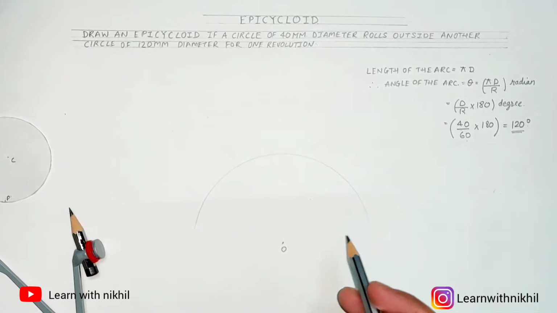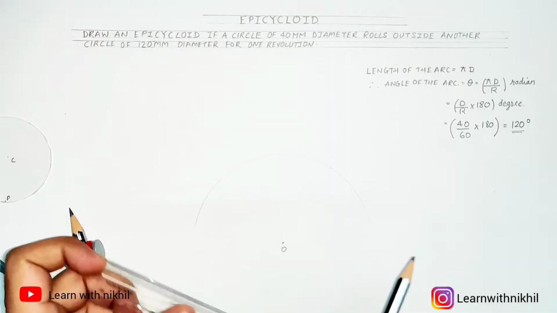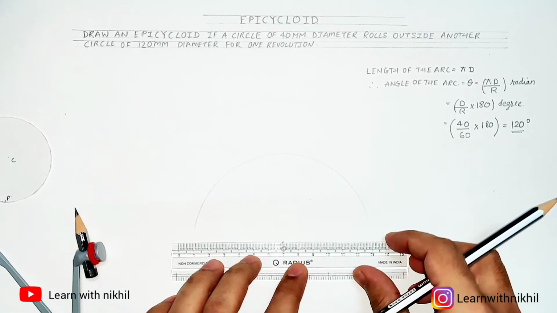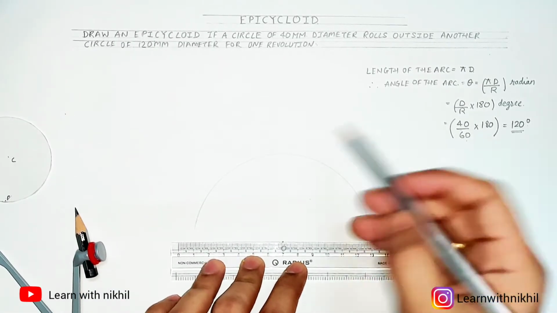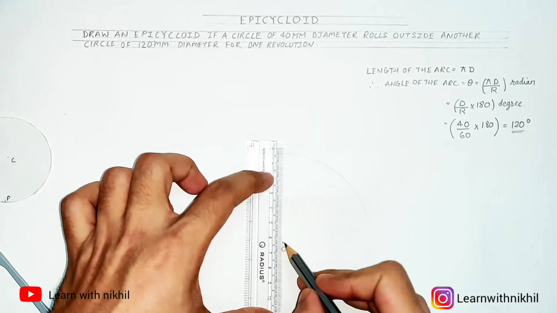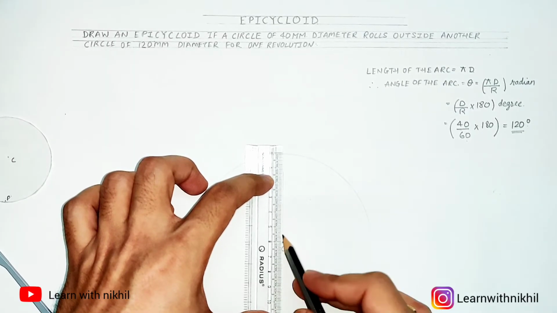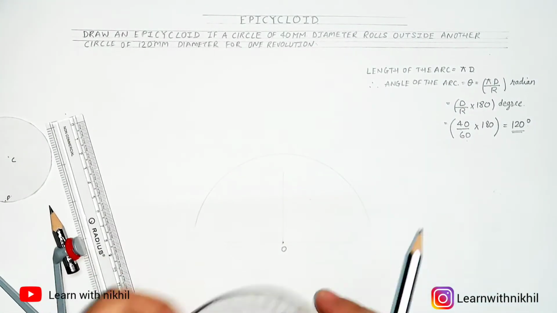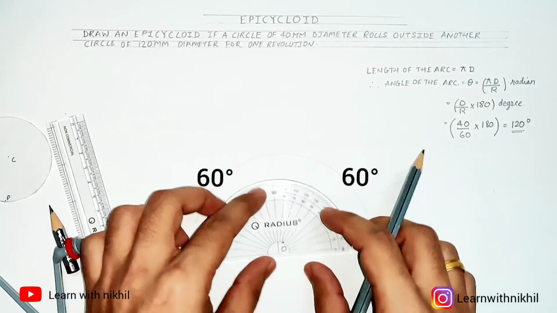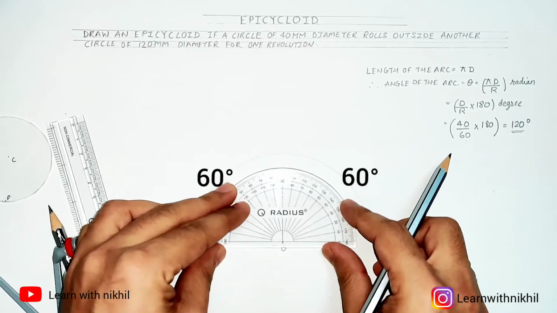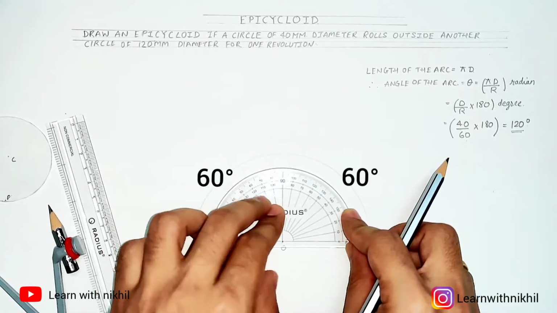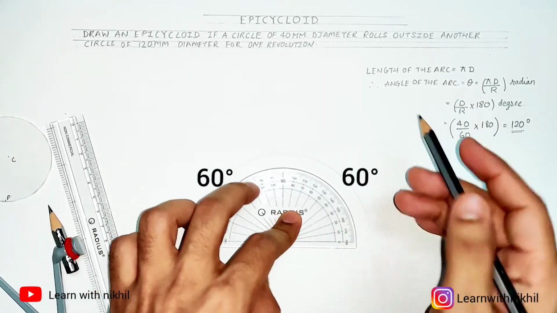Now from point O, we have to draw an angle of 120 degrees. That will be the travelling path of the smaller circle for one complete revolution. For drawing 120 degrees, I'll draw a perpendicular line, and at the center we have to take 120 degrees. So I'll mark 60 degrees on one side and 60 degrees on the other side. Or you can leave from the bottom 30 degrees from the left and 30 degrees from the right.